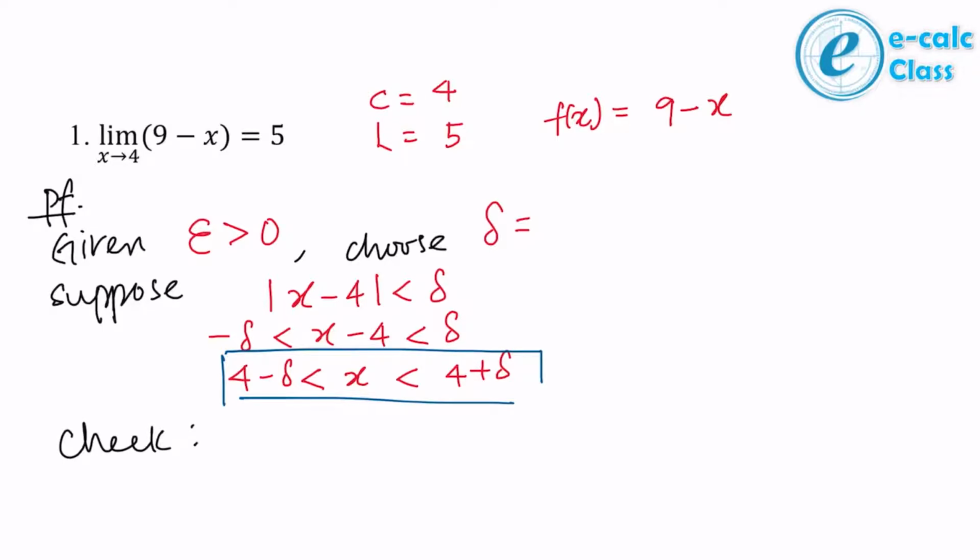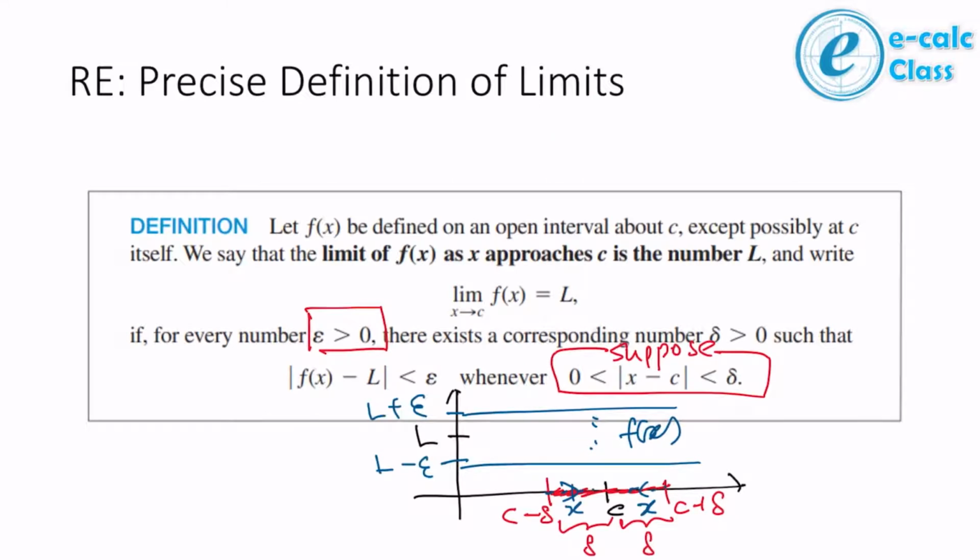We need to check. What do we need to check? Now we already fixed this, and we need to check whether this is true. And remember, because we haven't fixed the value for delta, we are doing a reverse thing: we set up everything, then we come back to the setup.